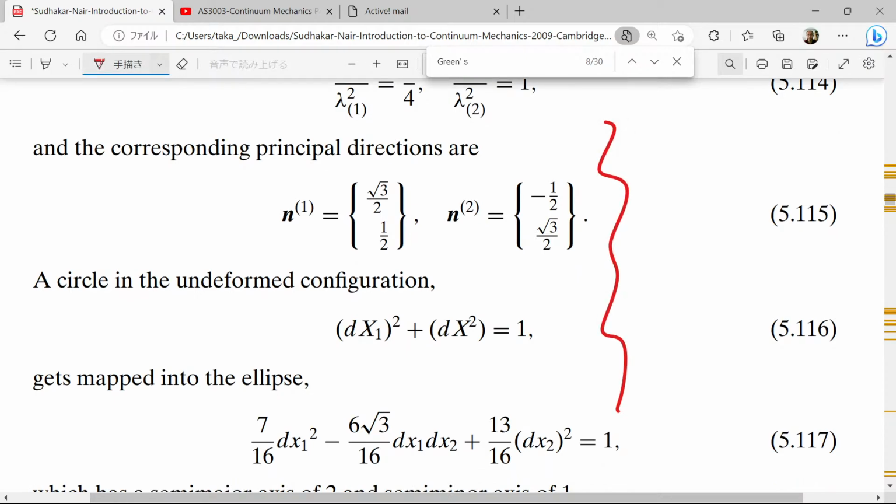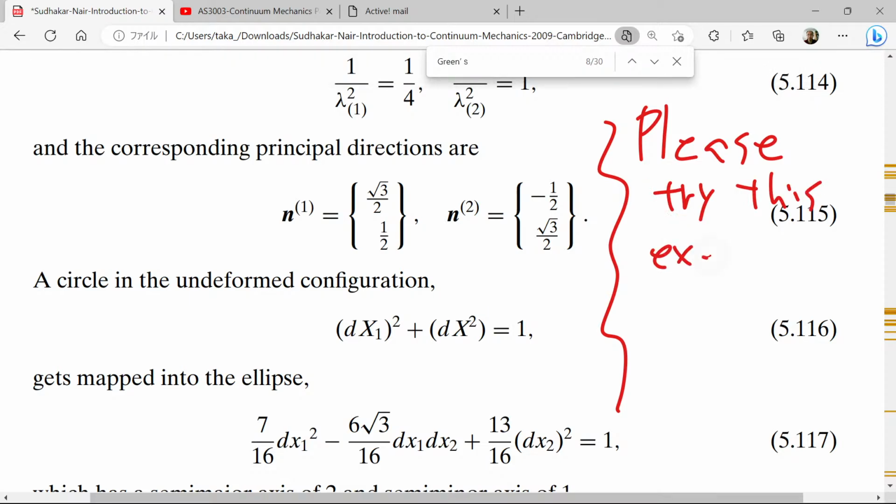Okay, please try this exercise by yourself.